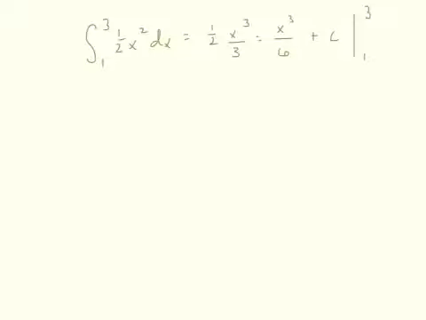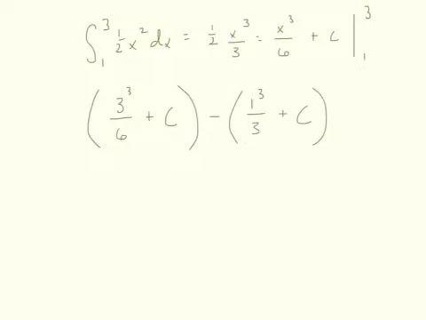When we want to evaluate that from 1 to 3, what we're going to do is plug in our top value first. So it's going to be 3 cubed over 6 plus c. And then we're going to subtract our other value, which would just be 1 cubed over 6 plus c. And so what we see there is we have a c minus another c, and those cancel out. So typically the way that's actually just going to be written is just x cubed over 6 evaluated from 1 to 3.